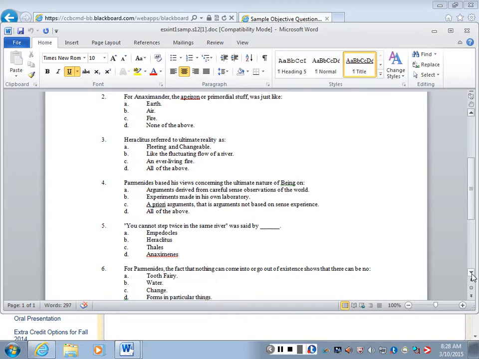For 5, "you can't step twice in the same river" was said by... Well, now here, this is not a good pedagogical practice, since the answer is hinted at above. Empedocles, Heraclitus, Thales, or Anaximenes.